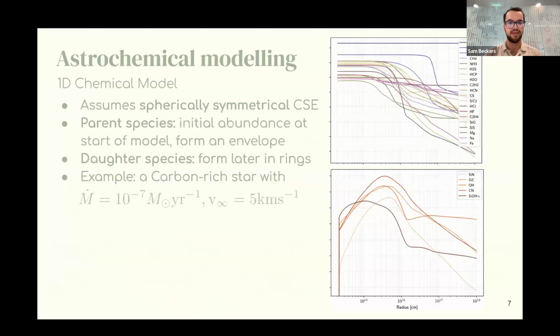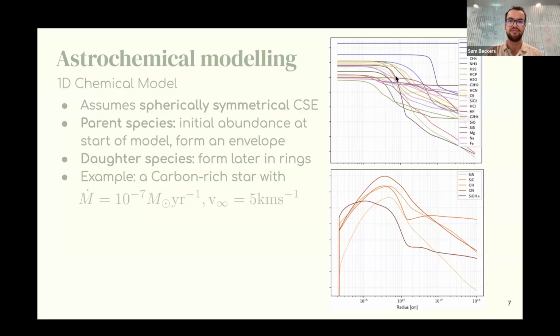In 1D, we assume a spherically symmetrical CSE. You can see that here the parent species, which have an initial abundance at the start of the model, form an envelope and then eventually photodissociate. Then daughter species have the opportunity to form later.